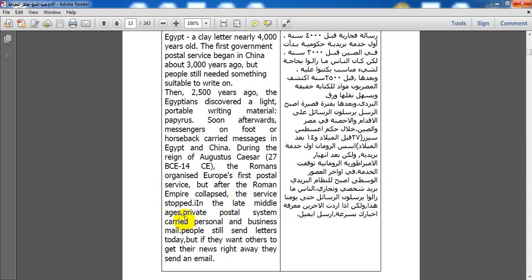In the late Middle Ages, private postal systems carried personal and business mail. People still send letters today, but if they want others to get their news right away, they send an email.